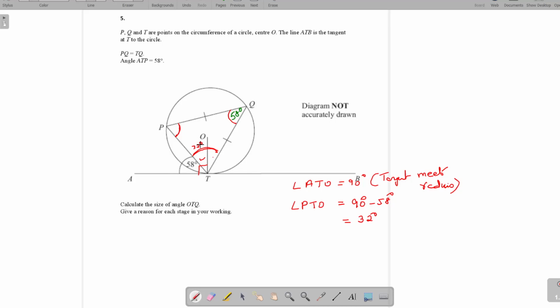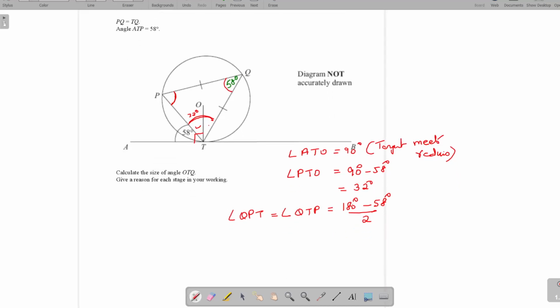Then this PQT is an isosceles triangle. So angle QPT is equal to angle QTP, which is 180 minus 58 divided by 2, because the reason is PQT is an isosceles triangle.